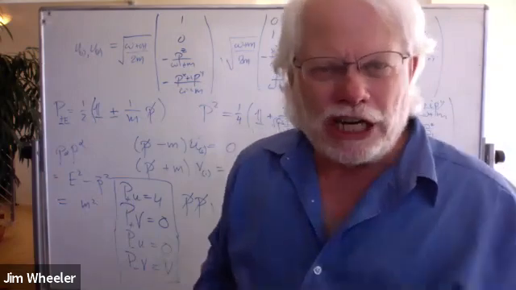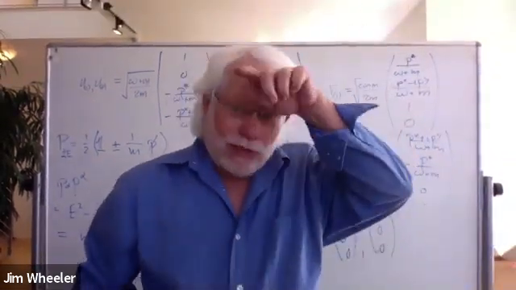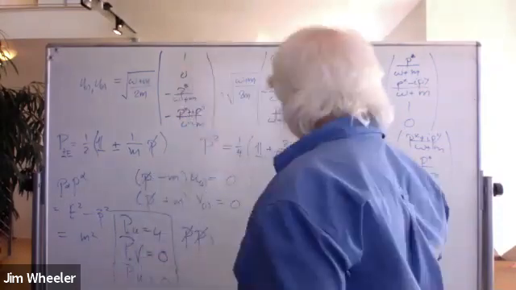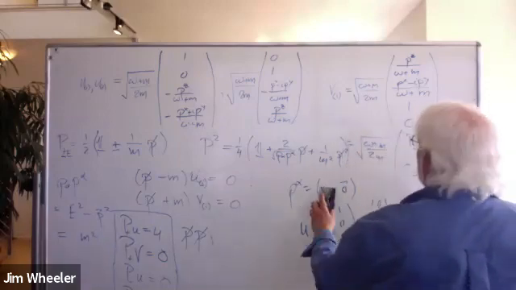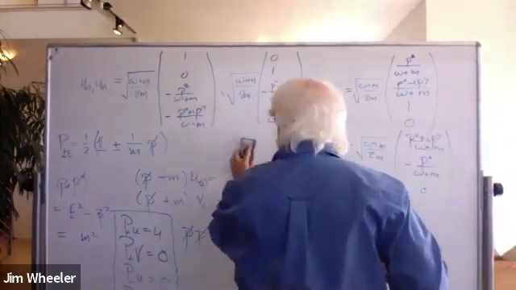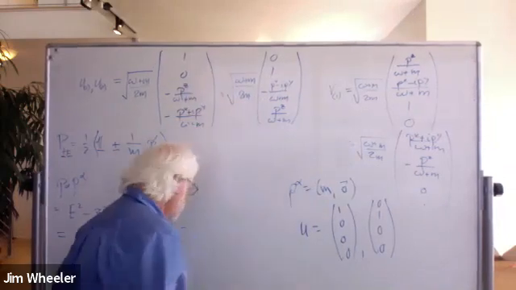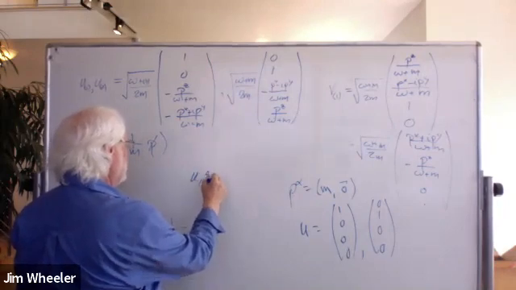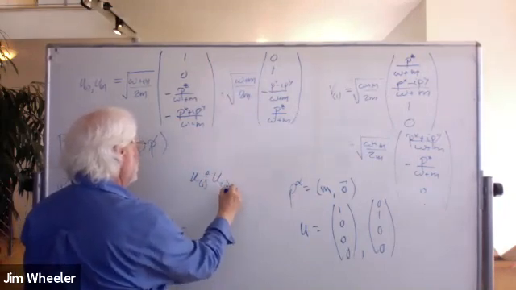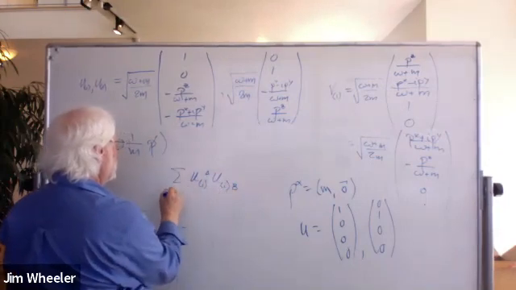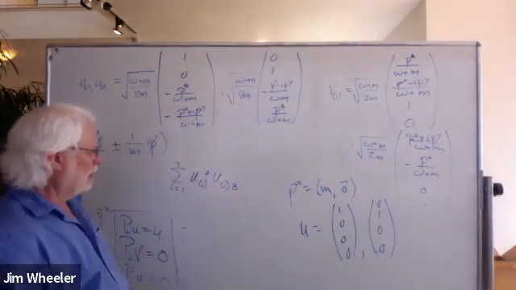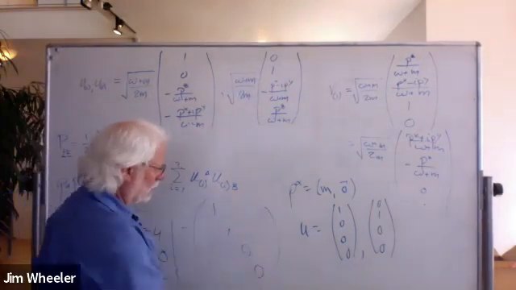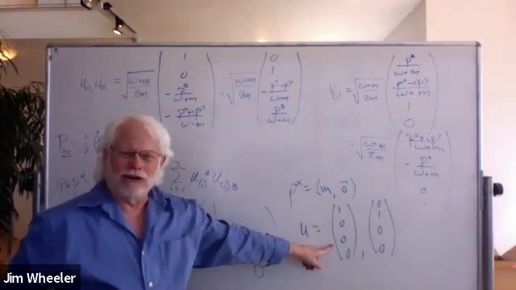Here's another way to build projection operators. We can build a projection operator the same way we built the identity matrix, by taking outer products of spinors. Suppose I take U, I, A, U, I, B, sum I equals 1 to 2. What is that? Well, in the rest frame, that's 1, 1, 0, 0, just outer products of these vectors here.